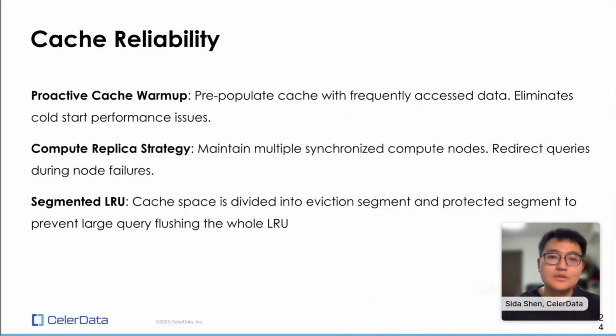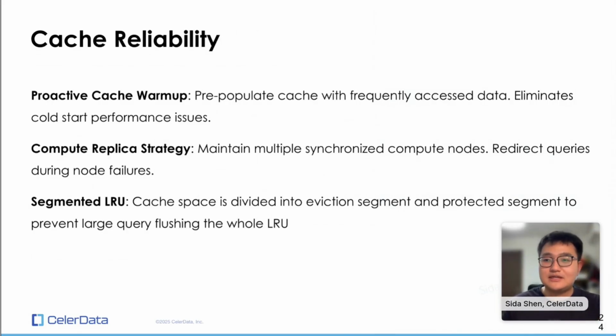And then to prevent one giant query or one giant scan from invalidating all of your cache, right? We implemented something called segmented LRU. It's still an LRU, but it has a protected segment, so it's split into an eviction segment and a protected segment.